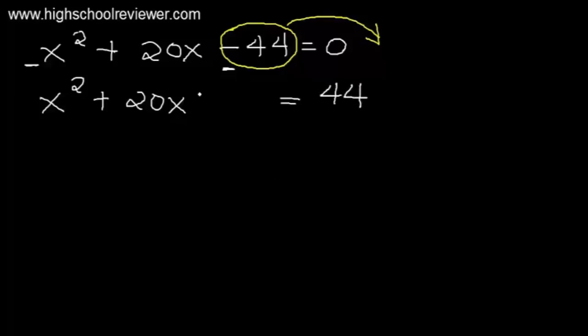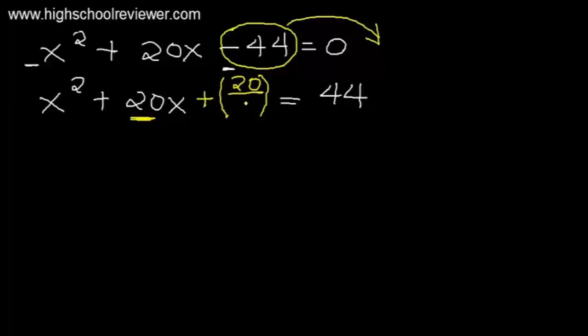Okay. Now, we need to put here a new third term, and we are going to add it. So our new term will be a fraction. The numerator will be the numerical coefficient of our second term, that is positive 20.